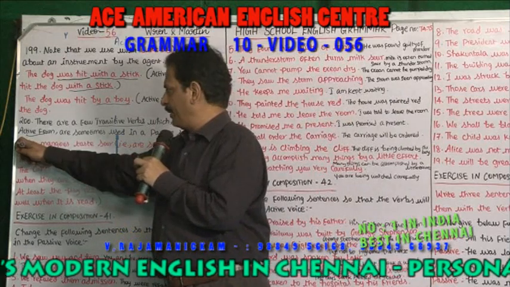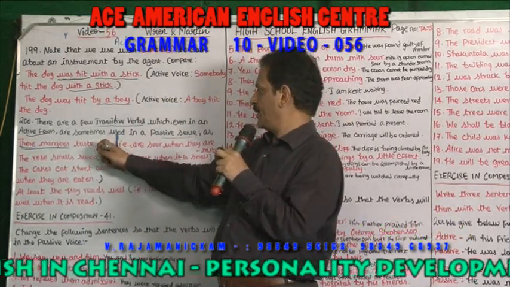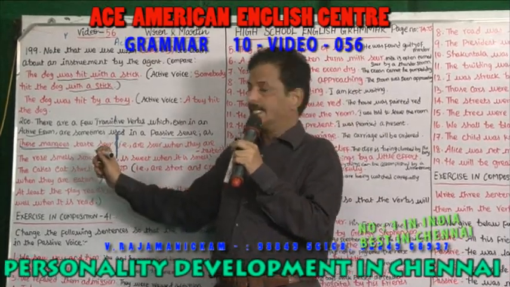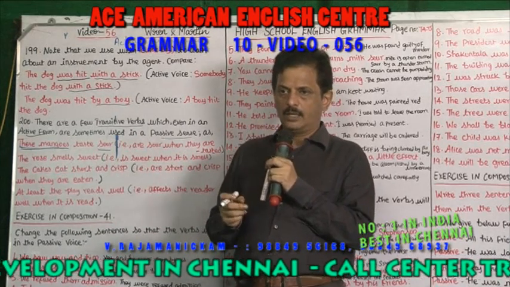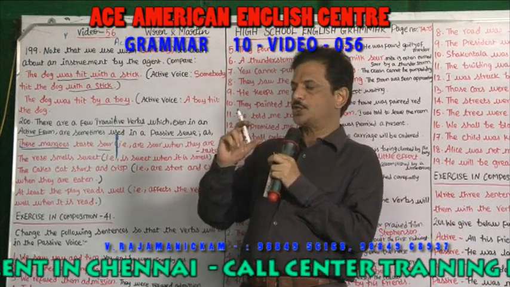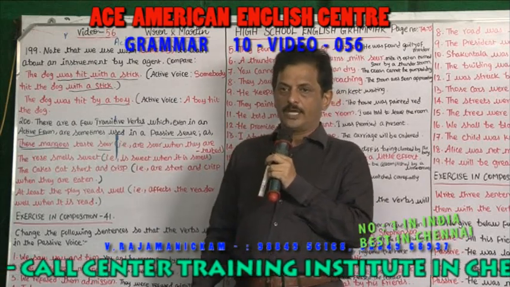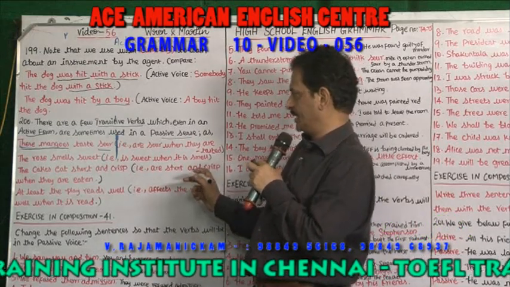See, for example, these mangoes taste sour. That is, are sour when they are tasted. These mangoes taste sour means when you eat the mango, it tastes sour. Even though it is active, it looks like a passive voice sentence.